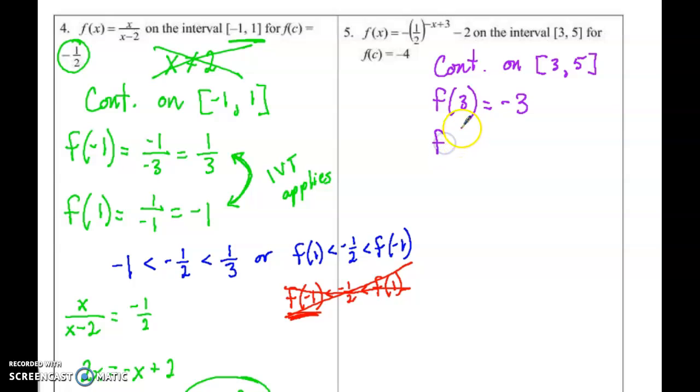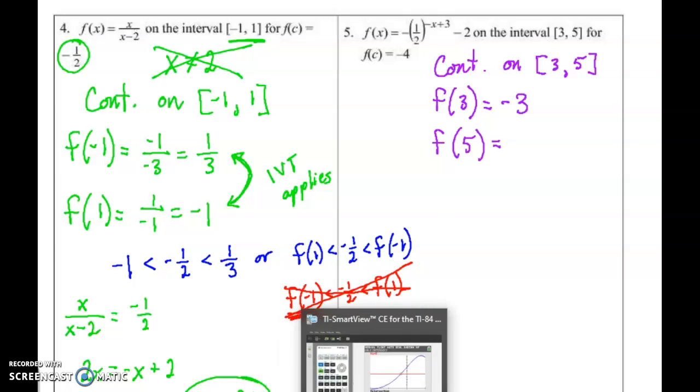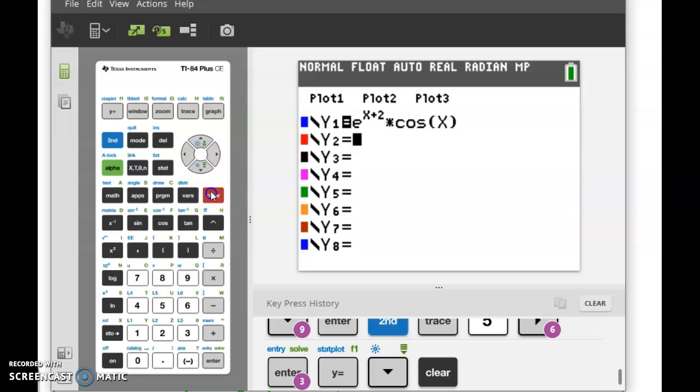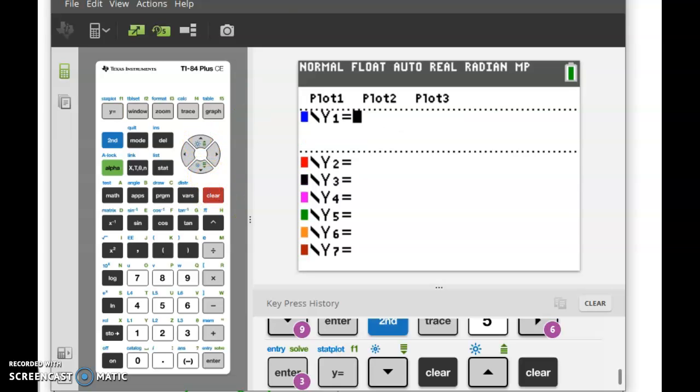And then f of 5, I might as well just go to my calculator. And I've shown you this trick before, so I might as well just do it. Go to y equals and just type in these equations. I already forgot what it was.